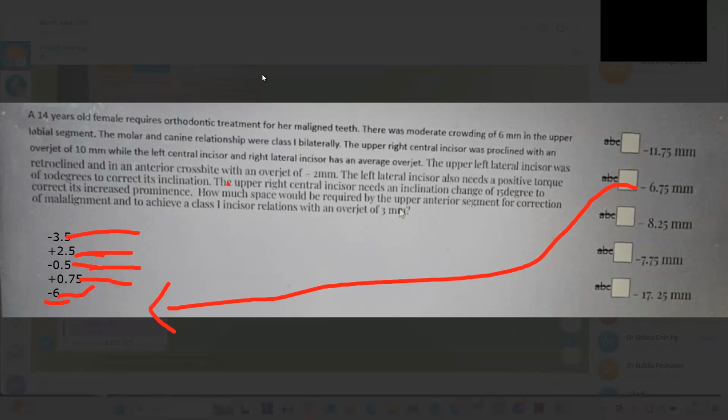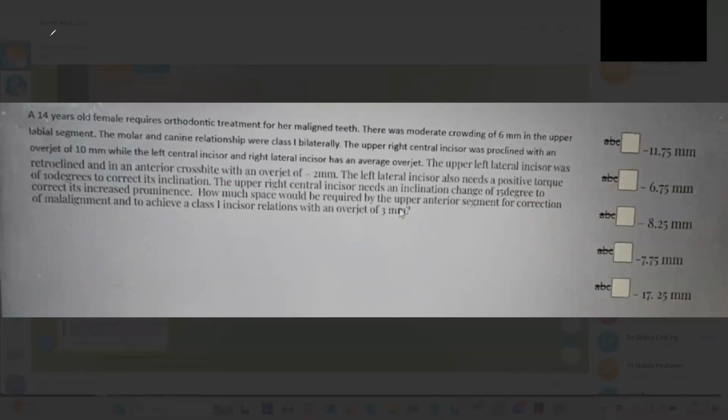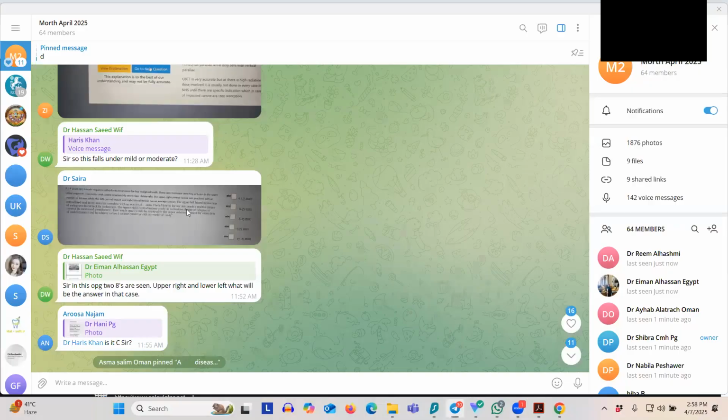Sir, please explain how we get this minus 6. From here, there's a moderate crowding in the upper arch. 6 millimeter crowding in the arch. So the option B here.